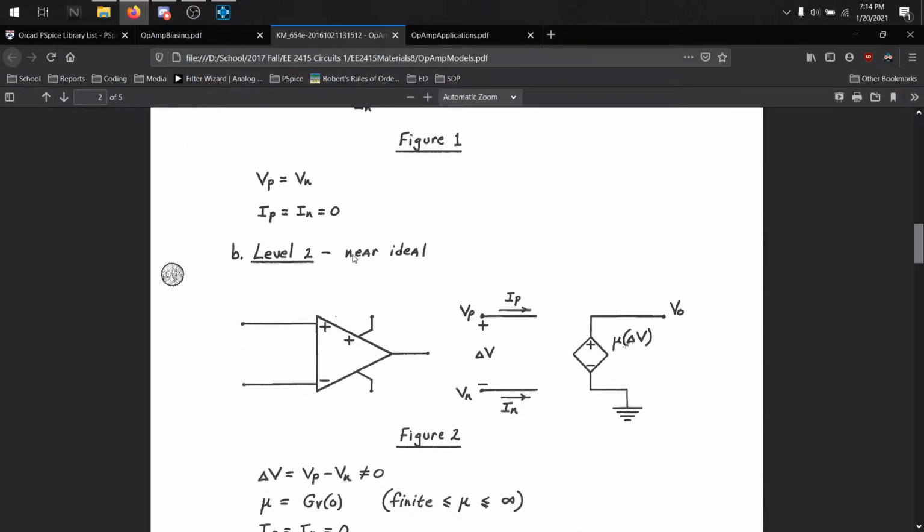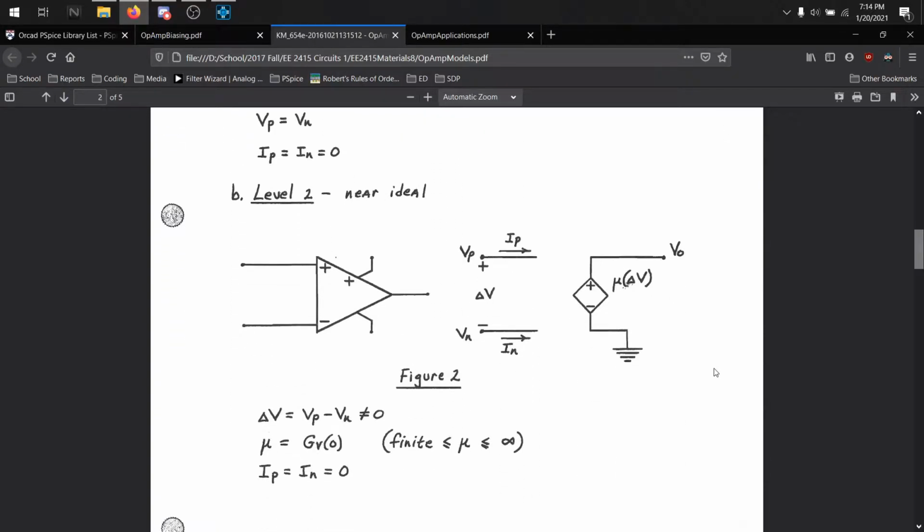So when we go to the near ideal and level 2, this is what it looks like. Right here you would have a gigantic resistor, basically making it open. And you have this voltage-controlled voltage source, getting the voltage from VP and VN, but it can never be 0.